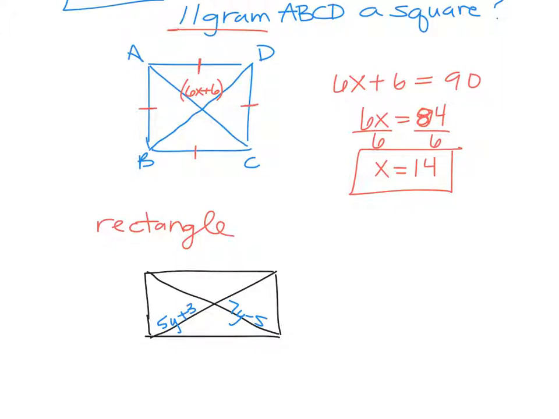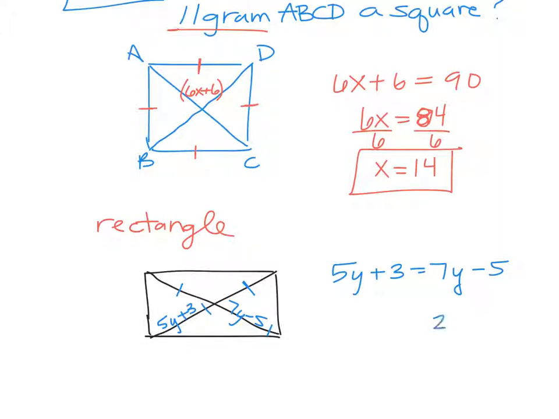In order for that to be a rectangle, what does the value of y have to be? What do you have to do with that? Yeah, Jerry. Set them equal, right? The diagonals have to be congruent, and the diagonals have to bisect. So that means all 4 of these are going to be congruent pieces. So we're just going to say 5y plus 3 equals 7y minus 5 and solve from there.